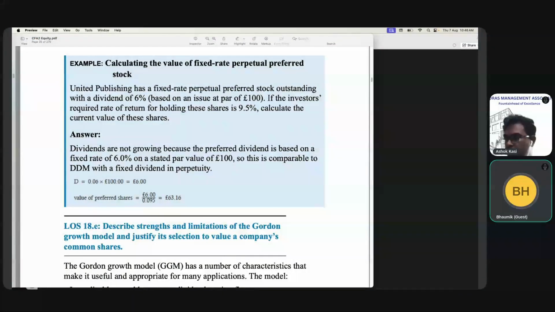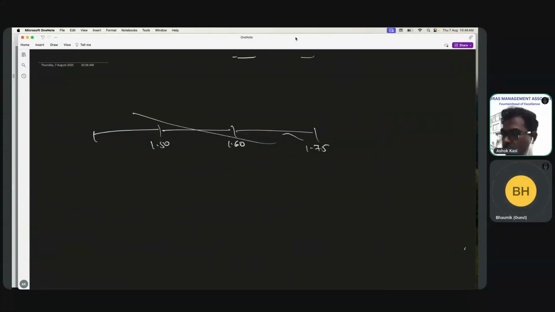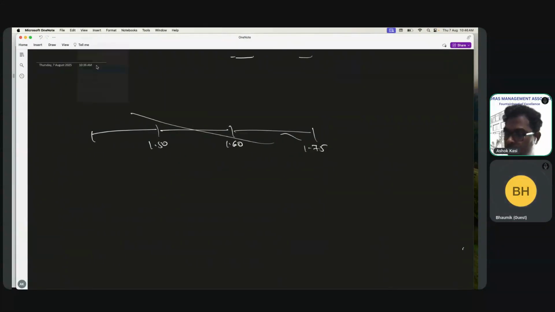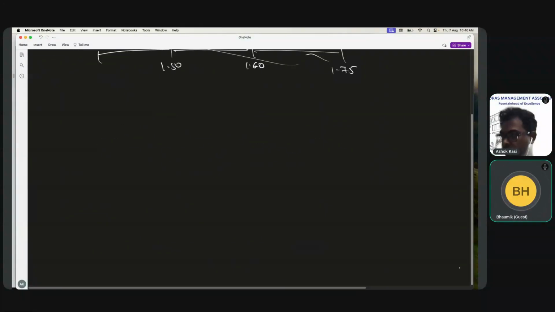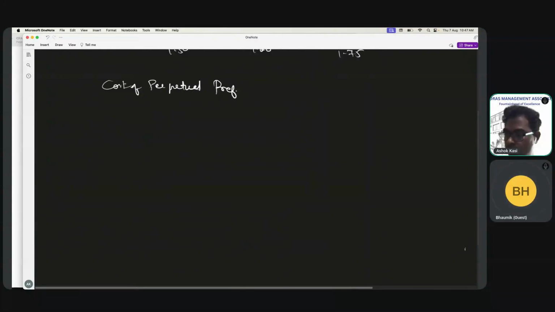Calculating the value of fixed rate perpetual preferred stock. So what is the formula for perpetual preferred stock? The formula is expected annual dividend payment divided by the expected rate of return.